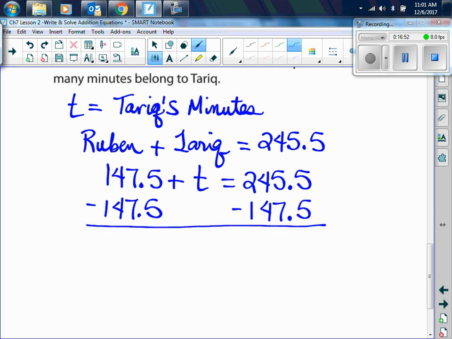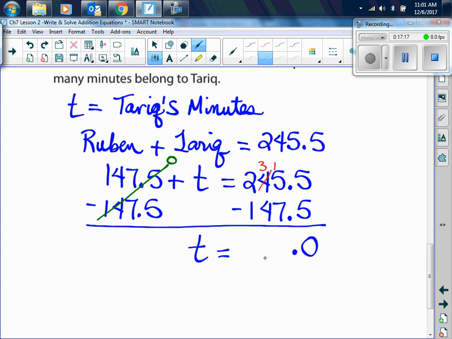So here, 147.5 minus 147.5, of course that cancels out to 0. So that's 0 plus T, which is T. And now you just subtract on the other side. Okay, so 5 minus 5 is 0. And on this one we have to borrow, right? So let's borrow from the 4, so that becomes 3.